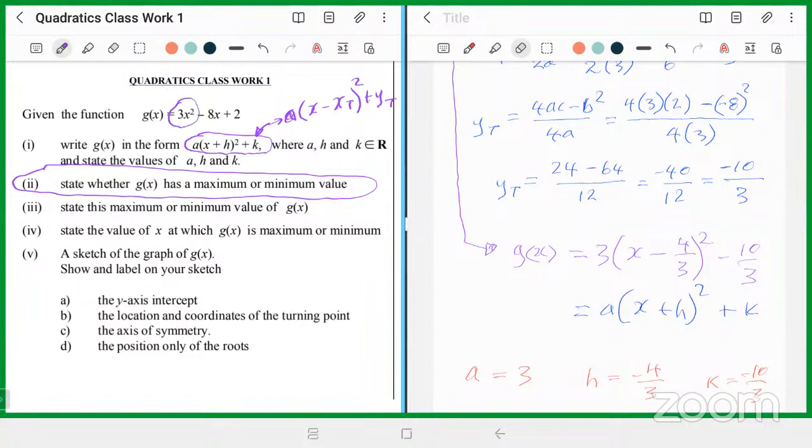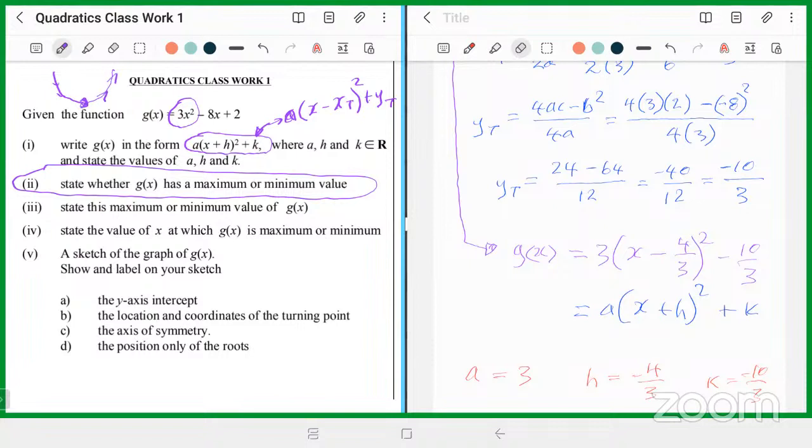When the square term is positive, as it is in this case, because the a is positive, we know that the quadratic function will have a smile shape. When it has a smile shape, it means that the graph comes down to a minimum point and then goes back up.